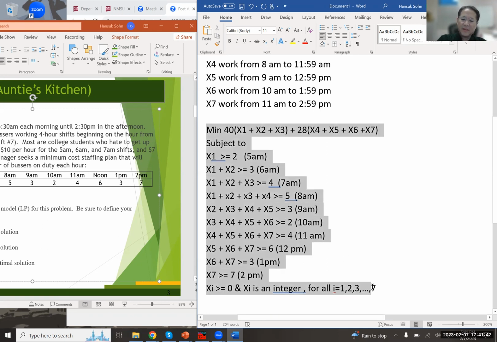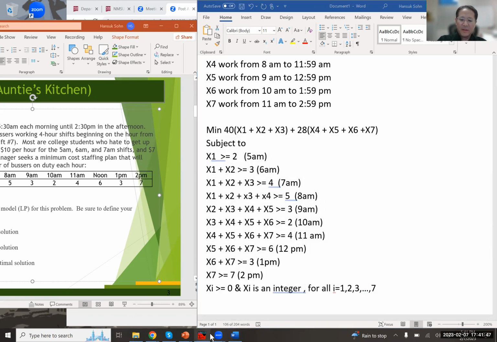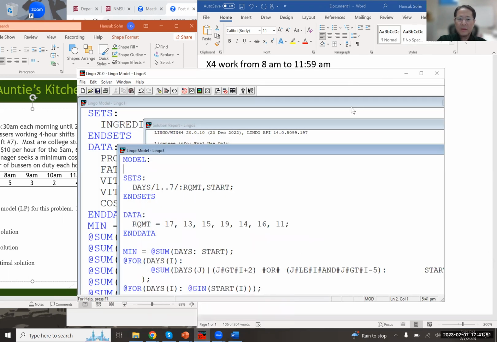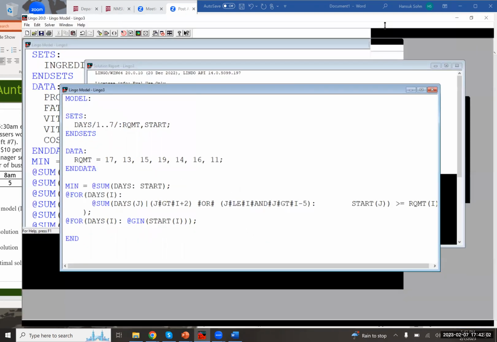Let's work on the Lindo and Lingo input. Let me disable my camera so that I can show you my full screen.